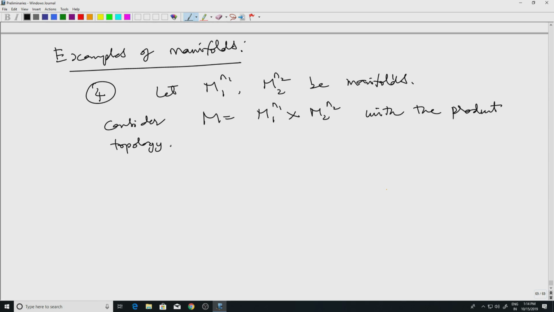So recall that the defining feature of the product topology is that if you look at open subsets of the form U cross V, where U is an open subset of M1 and V is an open subset of M2, then sets of the form U cross V form a basis for the topology.